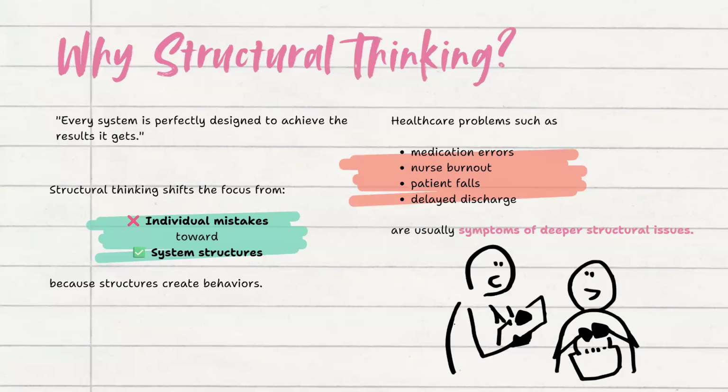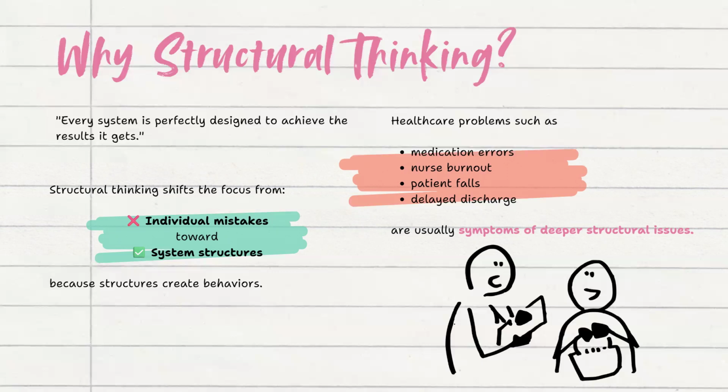Healthcare is a highly interconnected system. Every patient outcome depends on people, technology, equipment, communication, leadership, policies, and organizational culture. Peter Senge explains that systems thinking is about seeing the whole rather than isolated events. For example, if medication errors frequently occur in our unit despite repeated education, maybe the education isn't the problem.